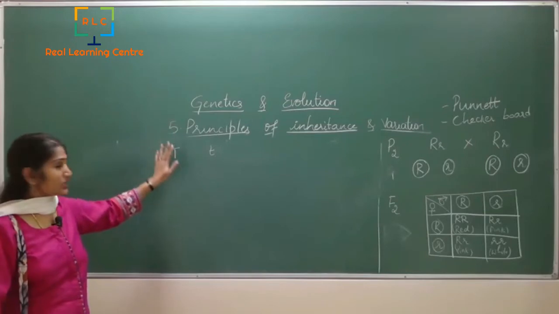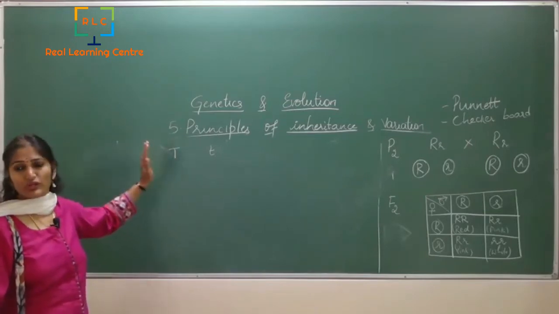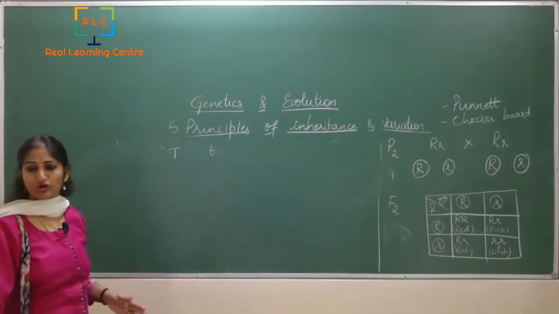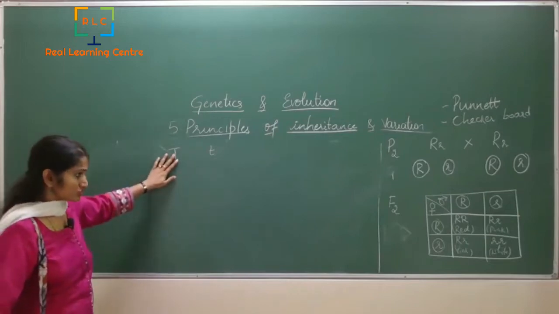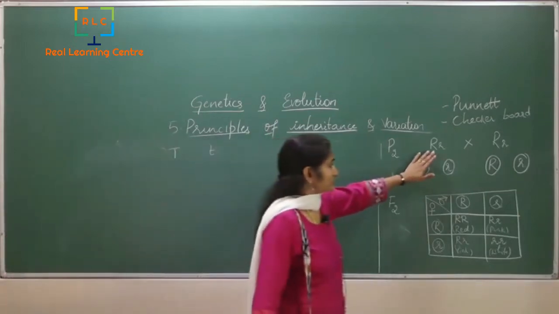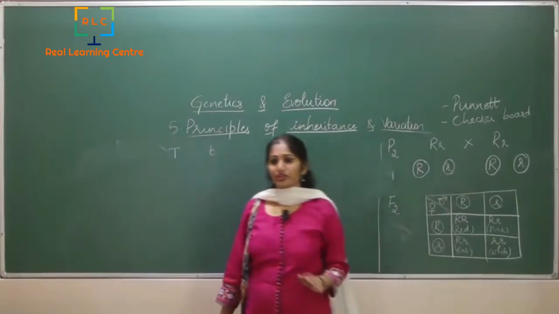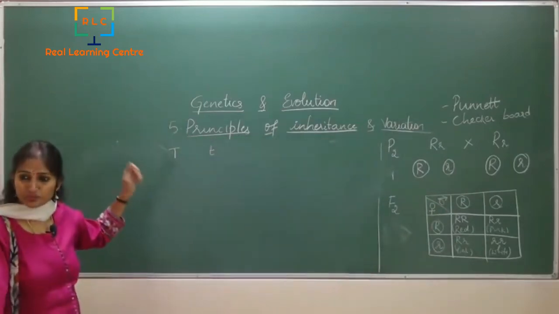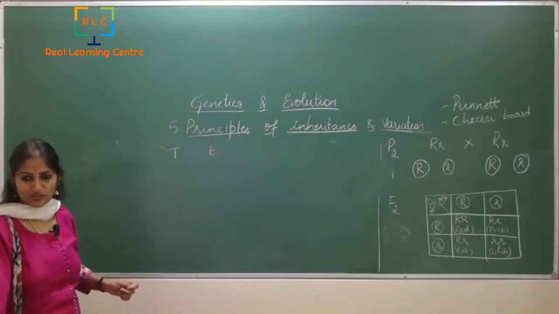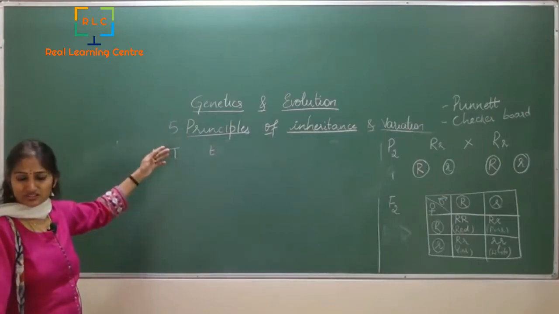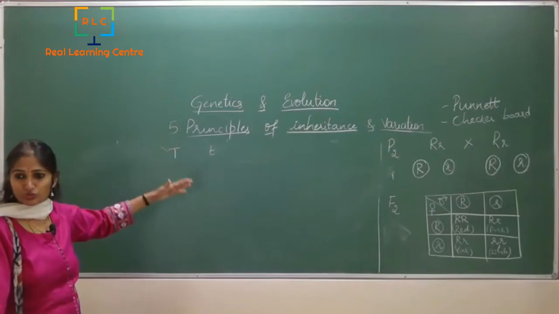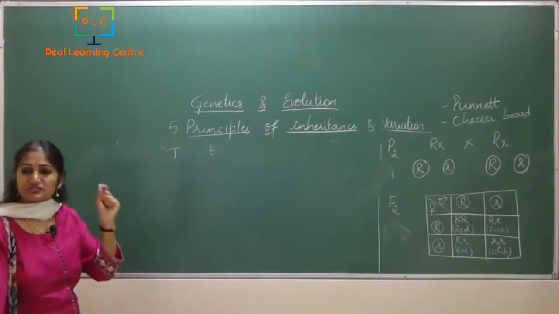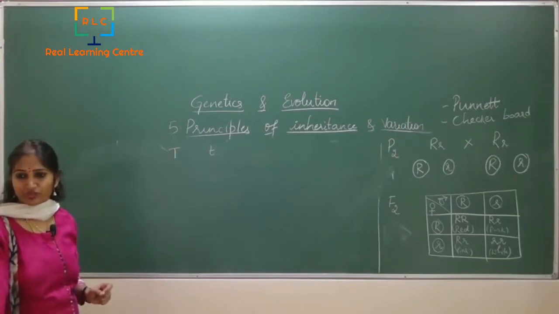Both the genes are somehow linked to give one trait to the organism. In this case, it is tallness. In this case, it is the flower color. Now, if this gene gets expressed, when this gene is there and it starts giving RNA, it gives rise to protein, and that gives out a trait.